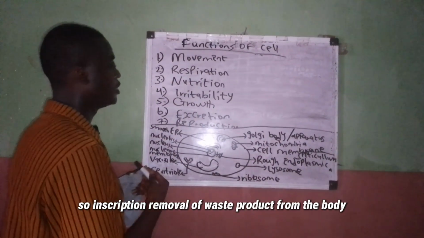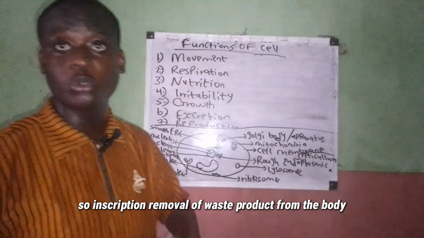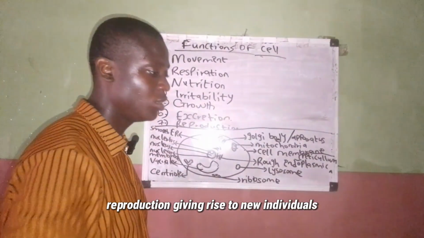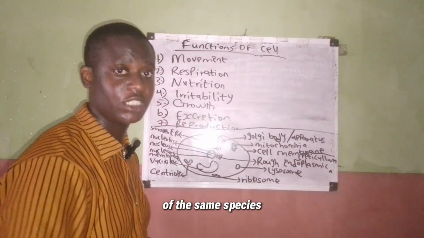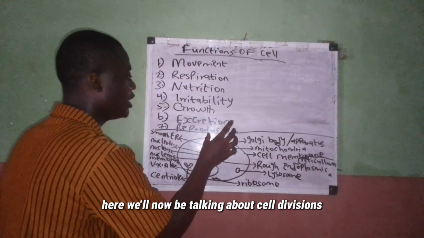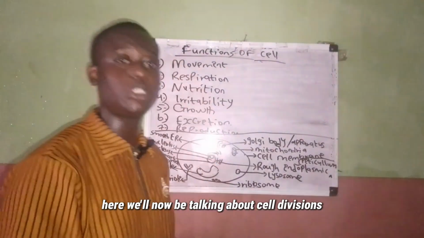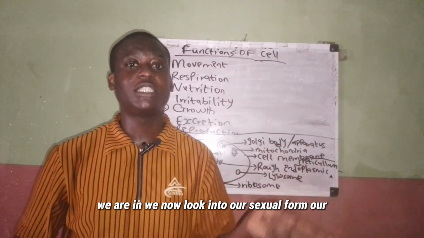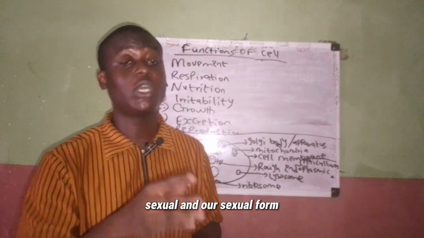So excretion, removal of waste products from the body. Reproduction, giving rise to new individuals of the same species. There we'll be talking about cell division, where we look into asexual and sexual forms.